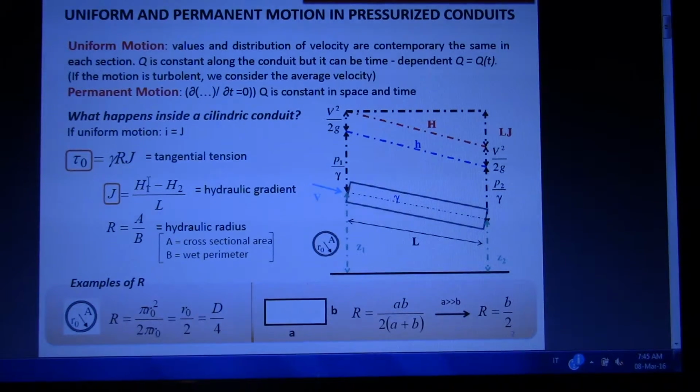So basically, J is the slope of a line that links the total head in section number 1 to the total head in section number 2.